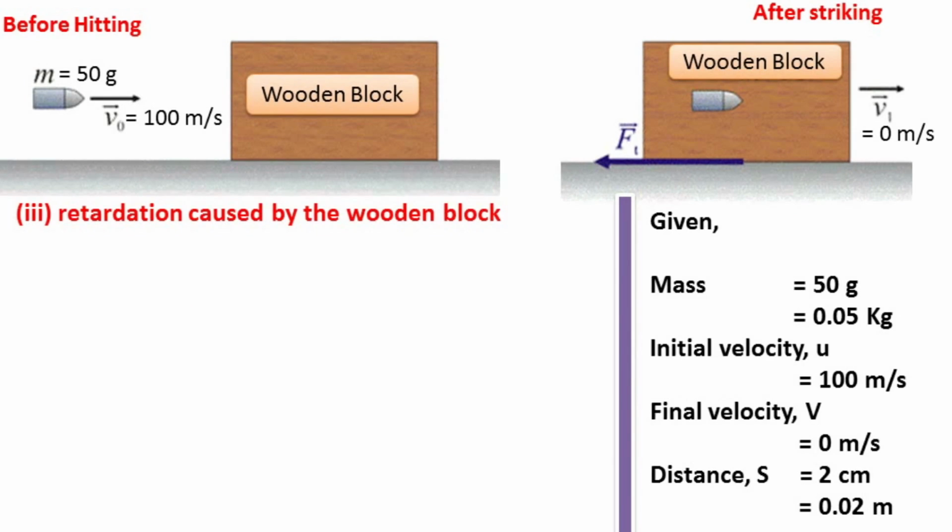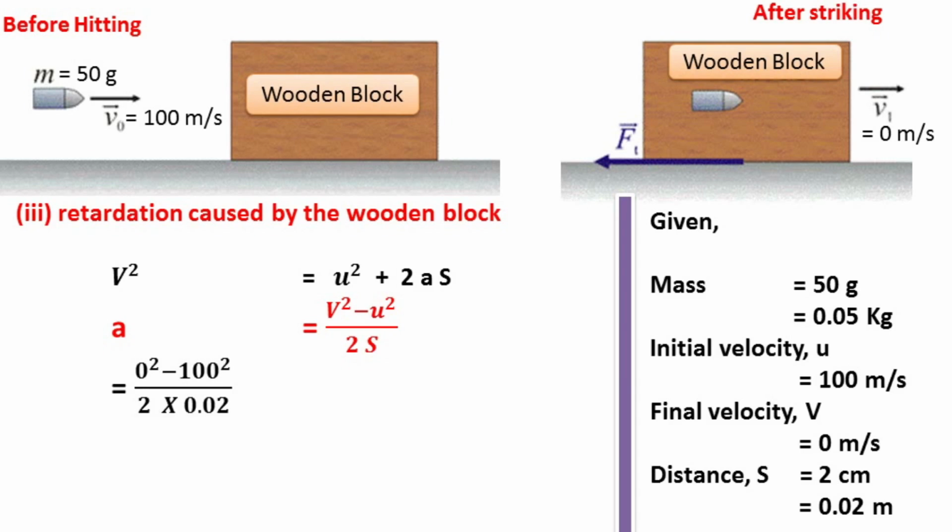Use Newton's third equation of motion, which is v square is equal to u square plus 2as, or a is equal to v square minus u square divided by 2s. Substituting the values, a is equal to 0 square minus 100 square divided by 2 into 0.02, which is equal to minus 100 into 100 divided by 0.04.